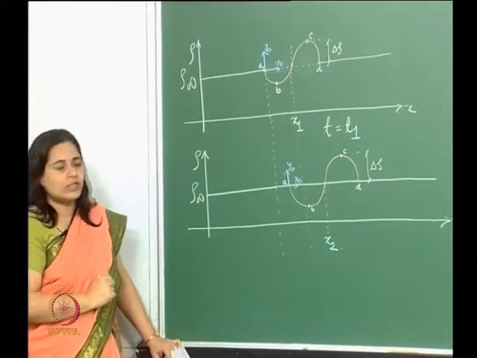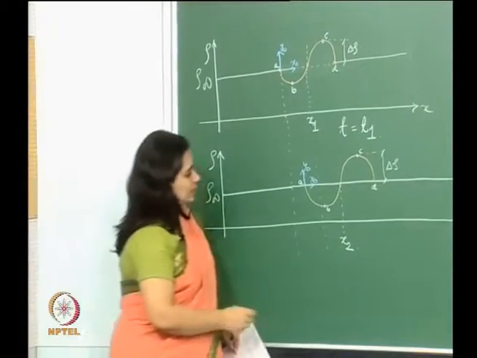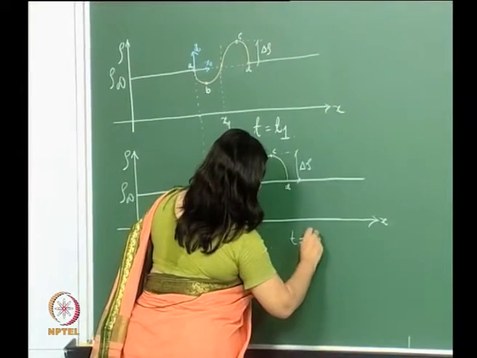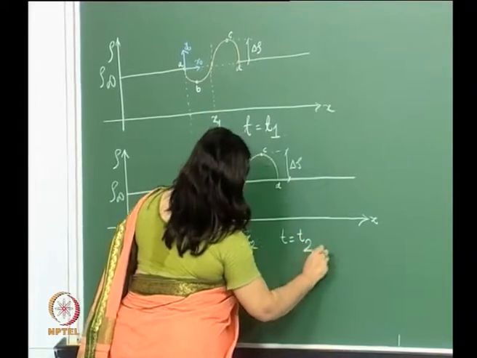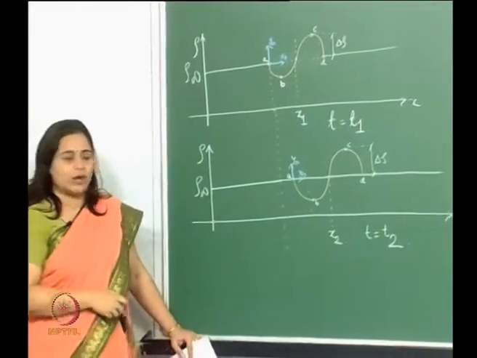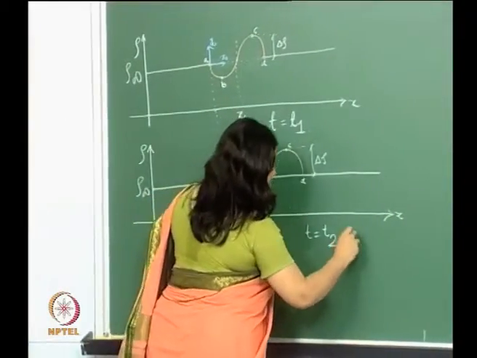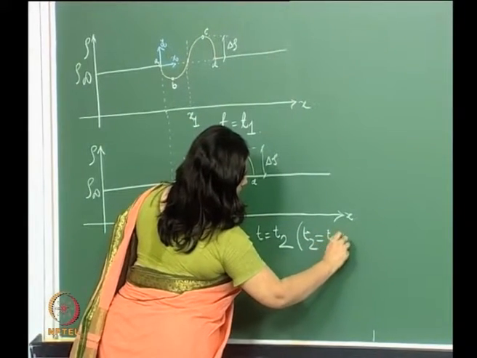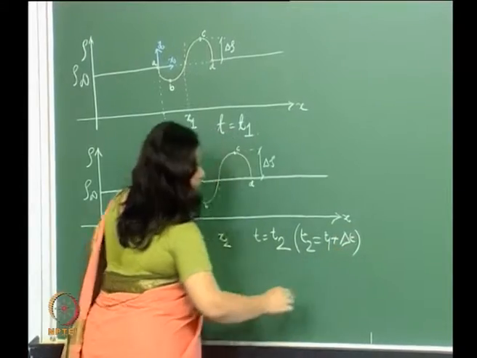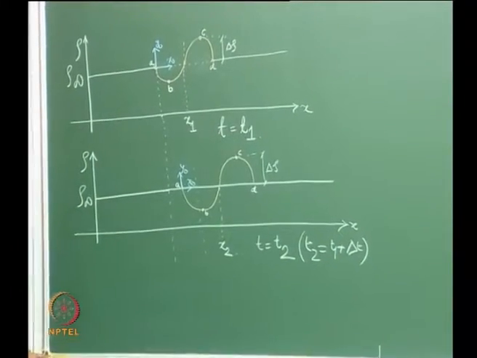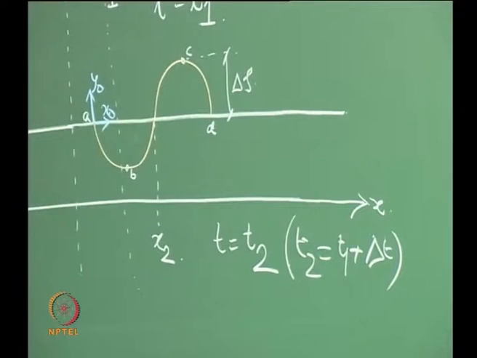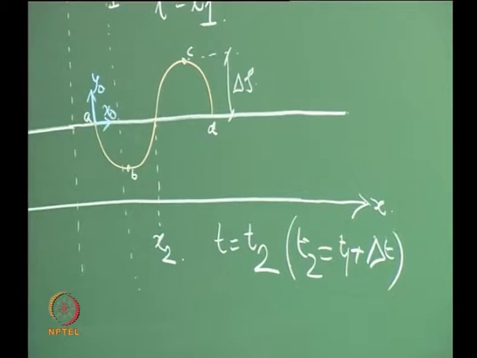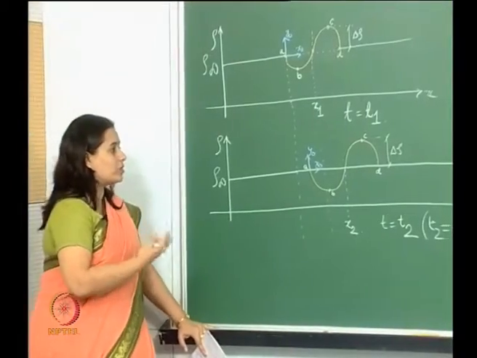But now, let us say this is a picture we are looking at time equal to T2, so basically we are advancing in time. In this particular case, if I consider this as unsteady, then this picture also changes.